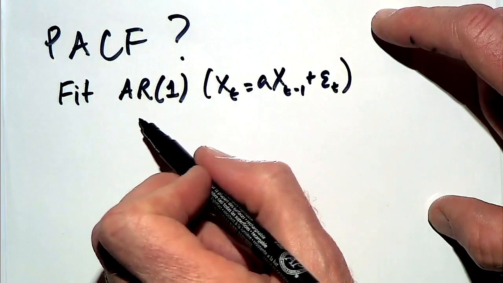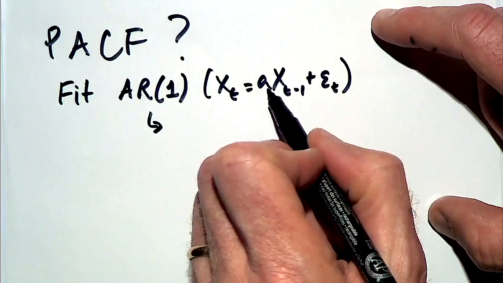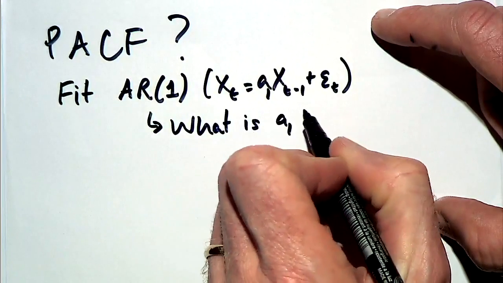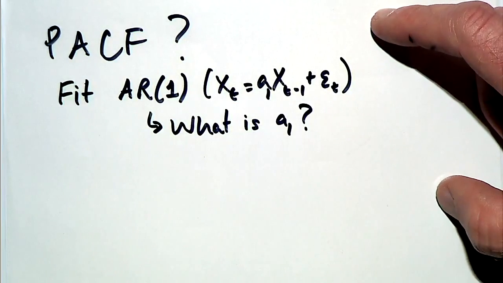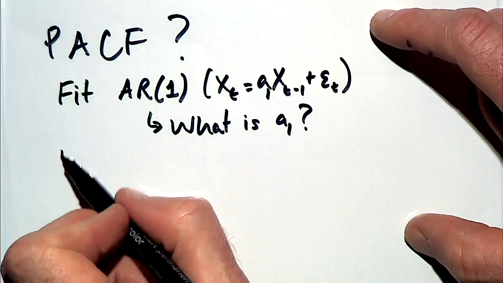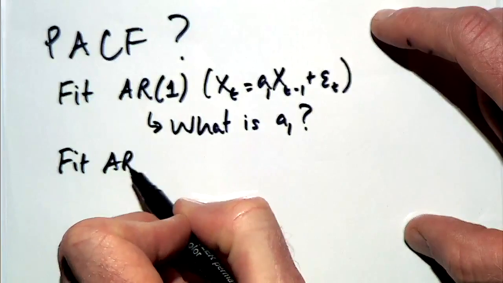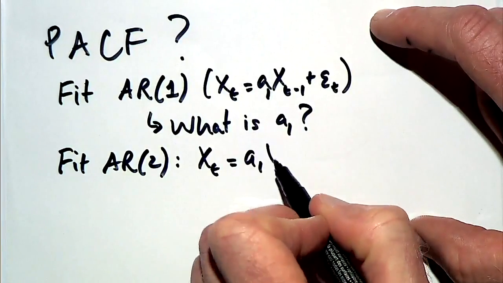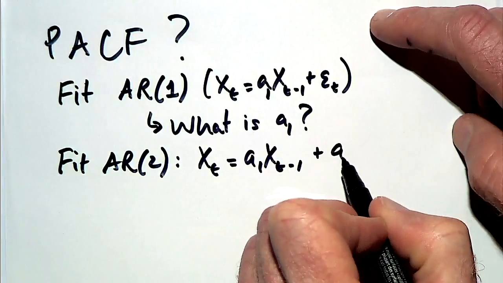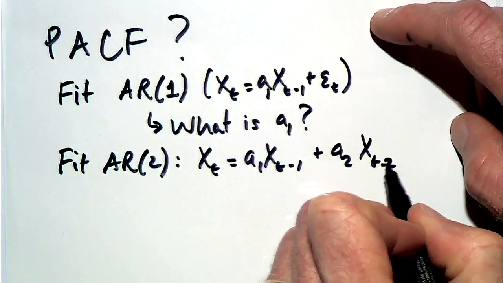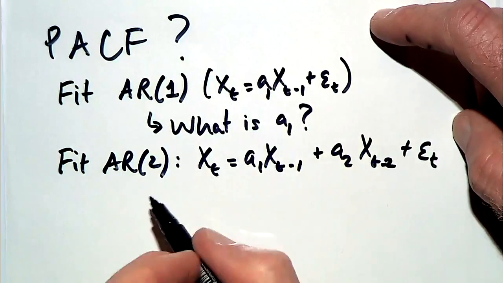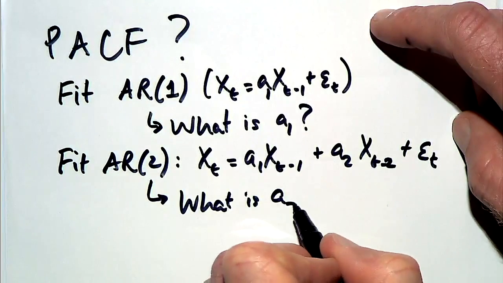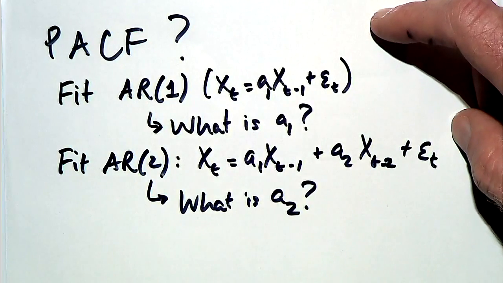And then the question you ask is: what is A1? Then, fit an AR2. That's xt is A1 xt minus 1 plus A2 xt minus 2 plus error. And from that, pull out A2.